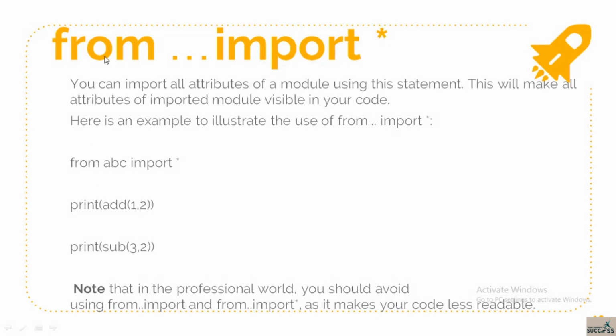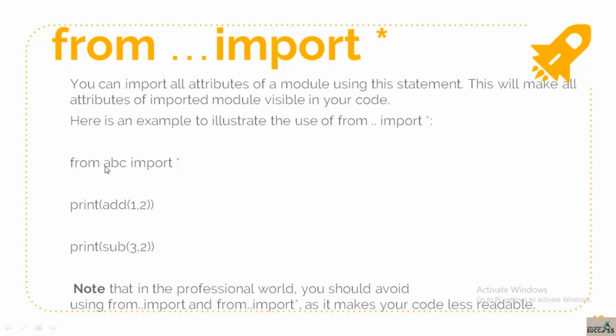Next we have another from statement, and the star basically indicates that we are importing everything from the module. You can import all attributes of a module using this statement, which makes all attributes of the imported module visible in your code. Here is an example to illustrate its use.